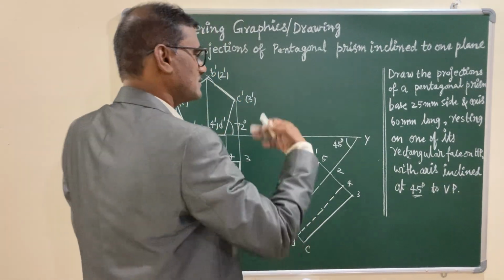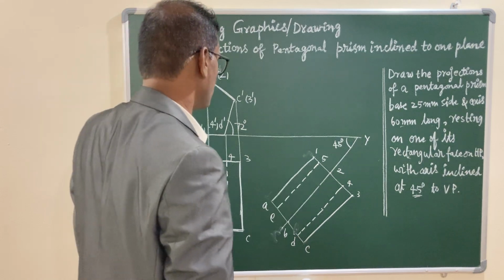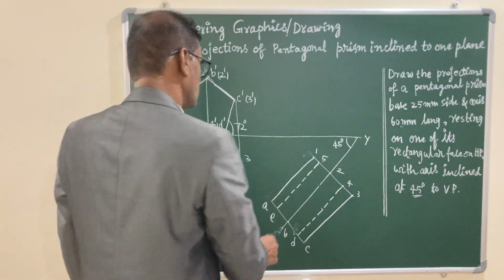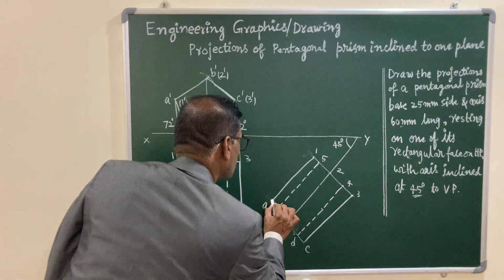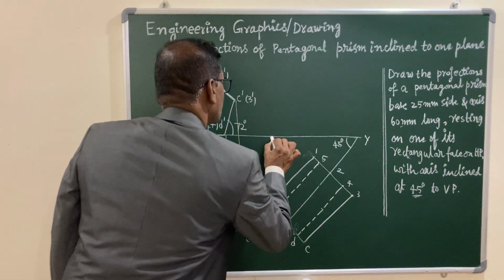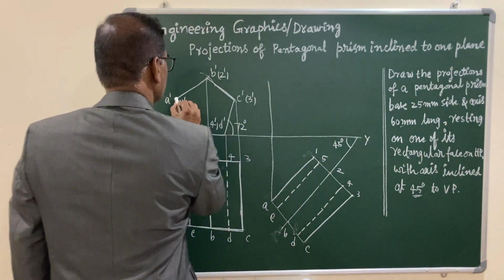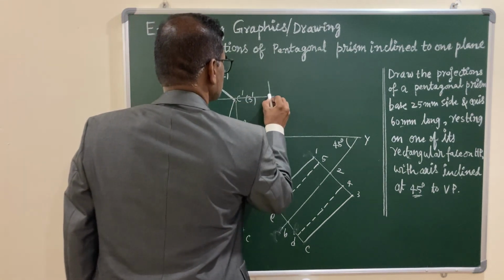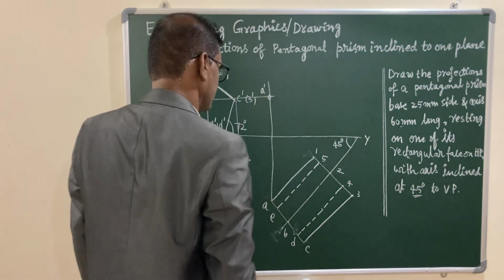Now the final step of this problem is to draw the projector from each corner. I am drawing from A a vertical projector and a horizontal projector. This is my final position of A prime.